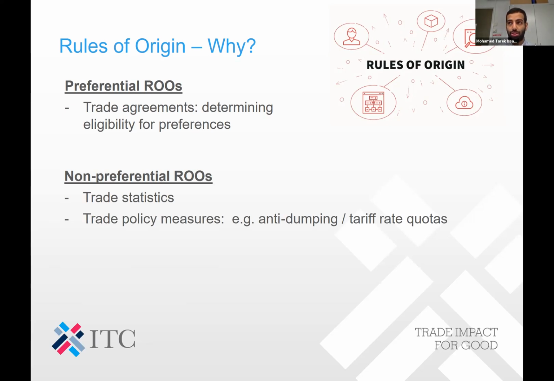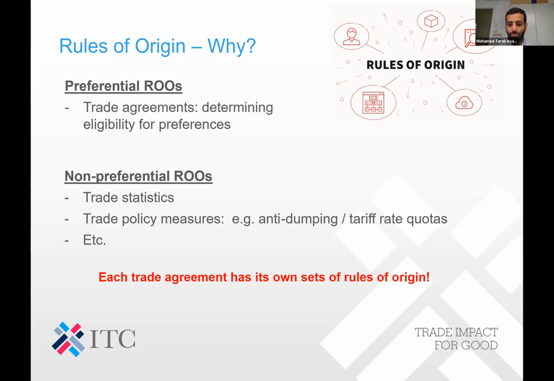If we talk about trade remedies or tariff rate quotas, it's important because if we are imposing an anti-dumping duty, for instance, on one country, which is Kenya, and I am from Ethiopia, I will say, okay, I'm not from Kenya, so I don't need to pay this anti-dumping duty.